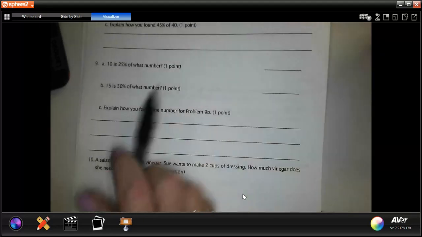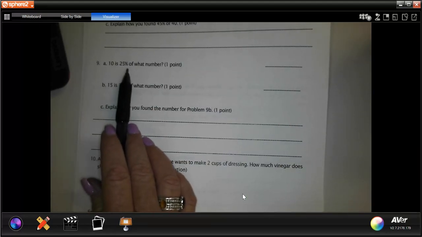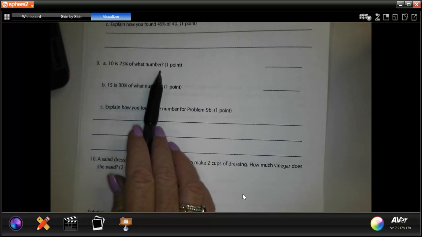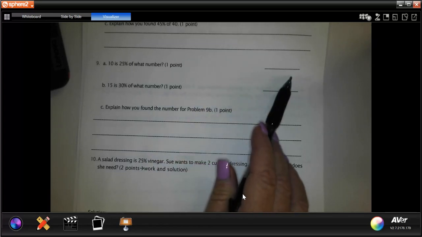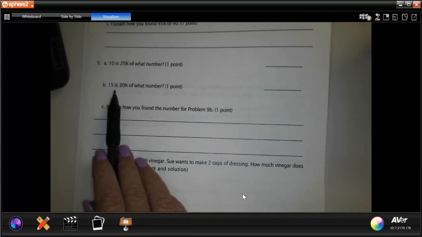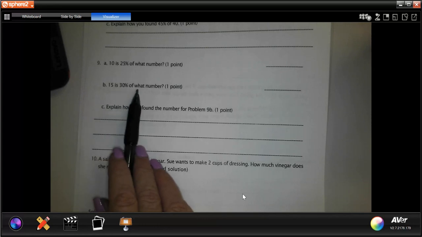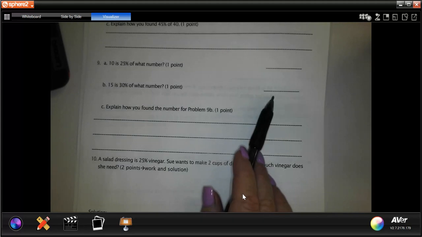Question 9. 9A says 10 is 25% of what number? Pause your video and solve. Write your answer here. Question B. 15 is 30% of what number? It's worth 1 point. Answer here.